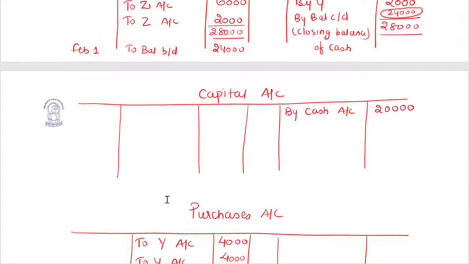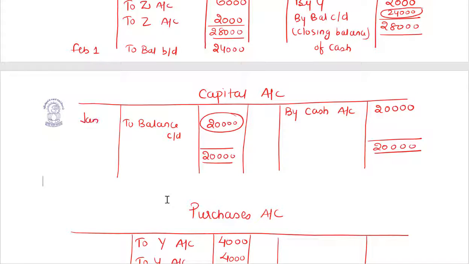Let's balance the capital account, students. It will be 20,000 on the credit side. The same 20,000 we took from credit side to debit side. The balancing figure is 20,000. It is to balance carried down.